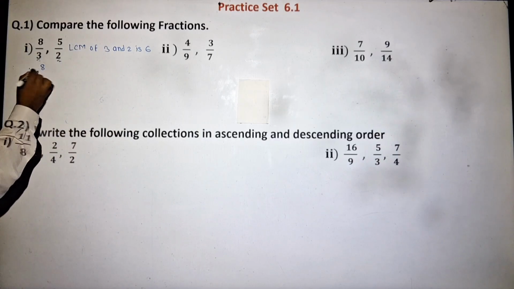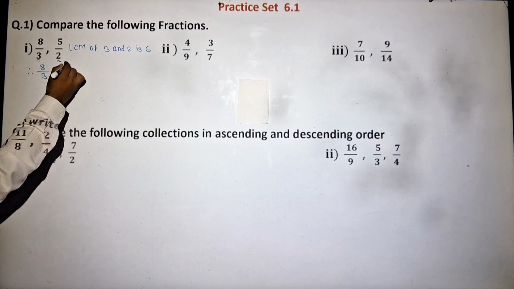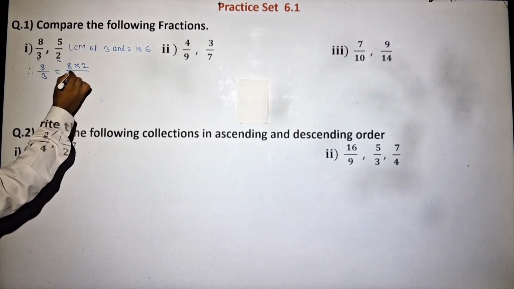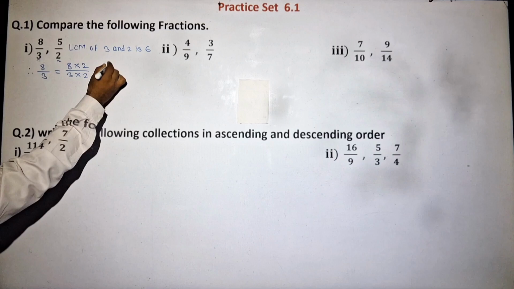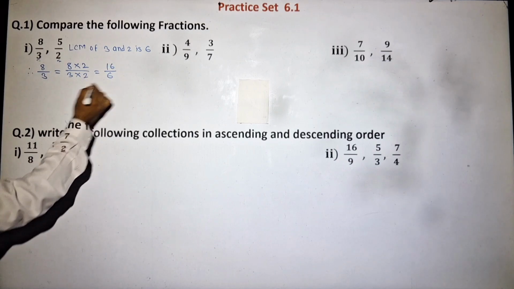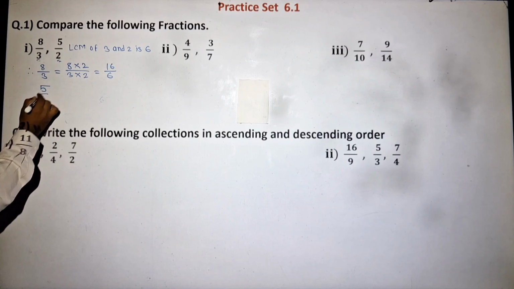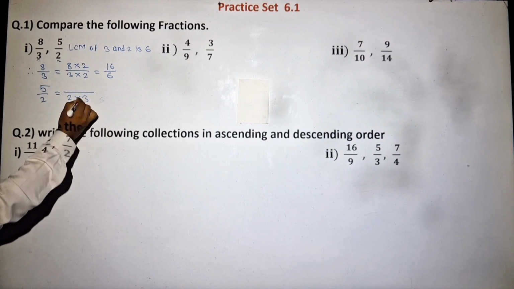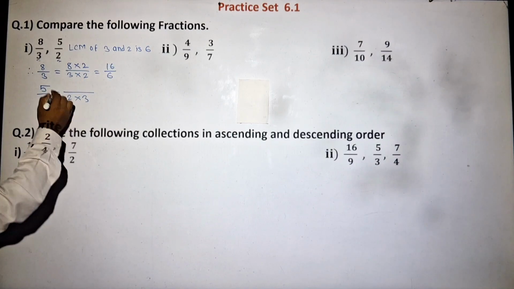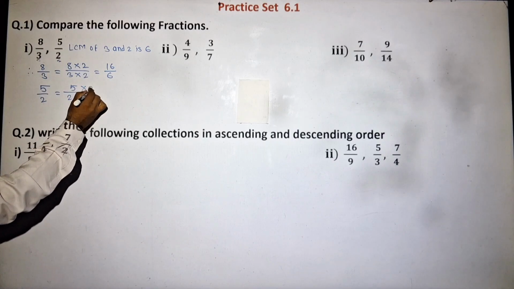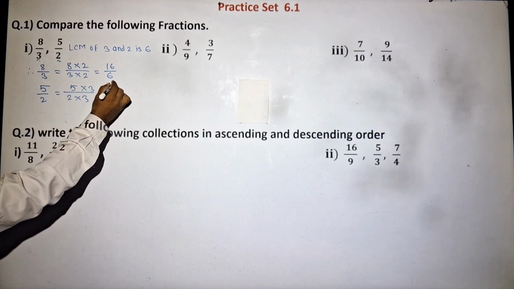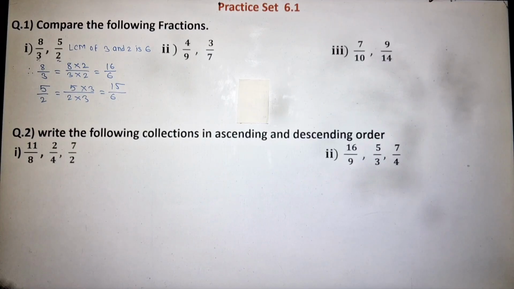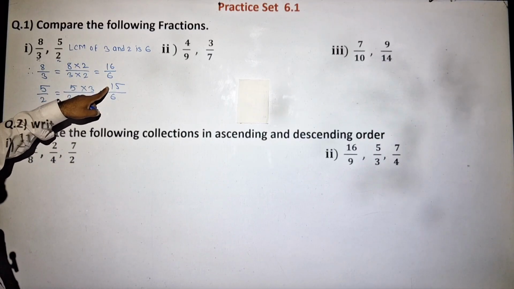Therefore, 8 by 3 can be written as 8 into 2 over 3 into 2, which is equal to 16 by 6. 5 by 2 can be written as 5 into 3 over 2 into 3, which is equal to 15 by 6. In both fractions we observe the numerators 16 and 15.